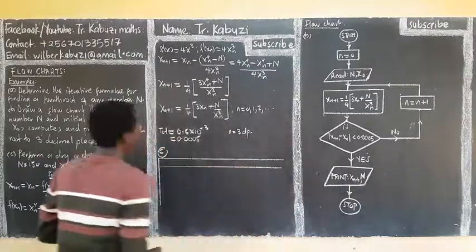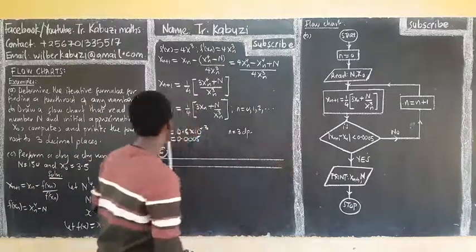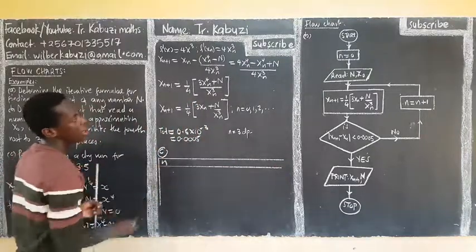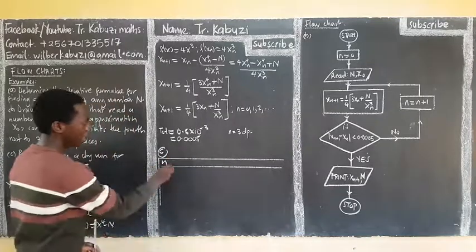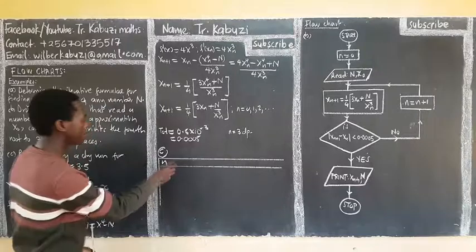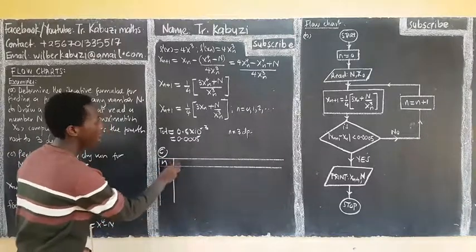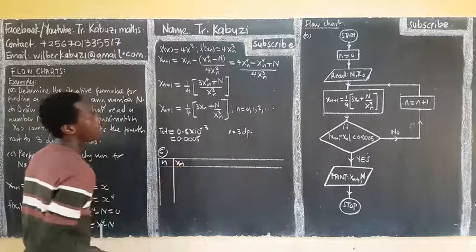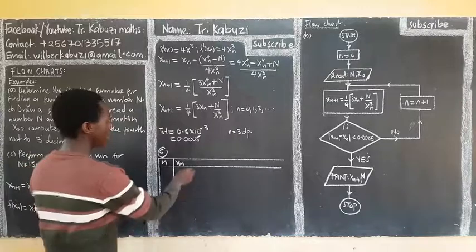So from that part, you come to this part. Now, I'm going to have my n. Remember, we start with n. So our n is there. Then we come to our x naught. Before you come to xn, that's when you go to x(n+1).